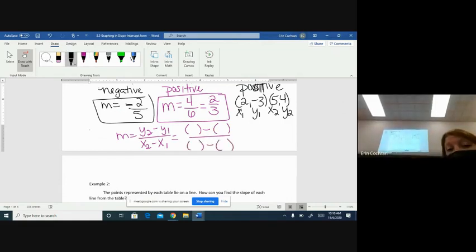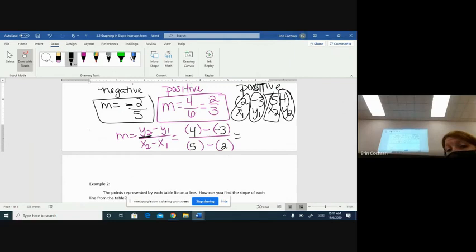So what is going in my Y2? What did I label as Y2 over here? 4. Minus, what's my Y1? -3. X2, 5, and X1, 2. And now we simplify the numerator and the denominator.